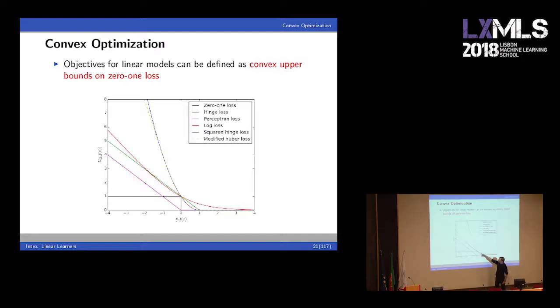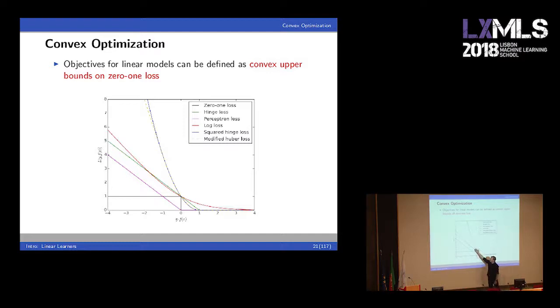But some of the other losses penalize you, if you are not exactly correct, with a little bit of a loss if you don't do exactly the right thing. The perceptron doesn't. The perceptron only looks at right or wrong. The hinge loss penalizes, and the log loss penalizes as well.